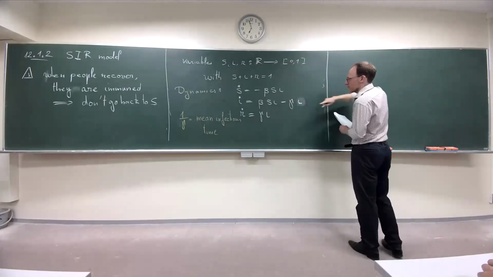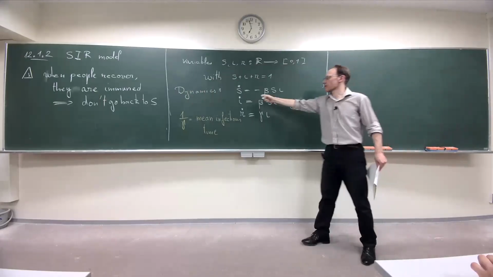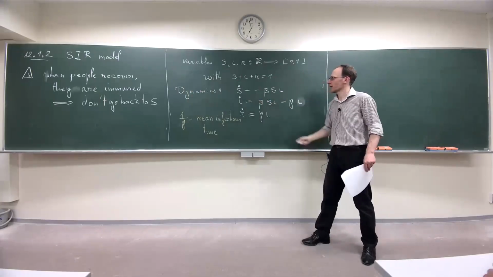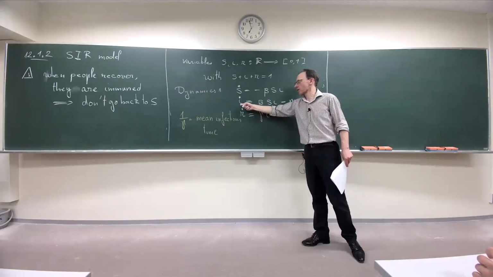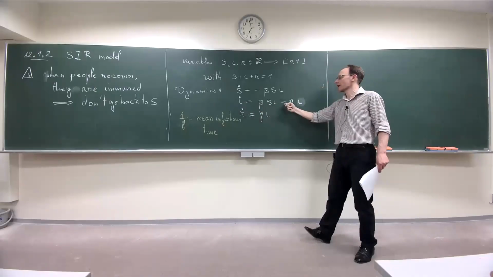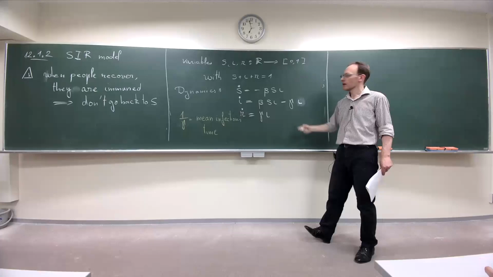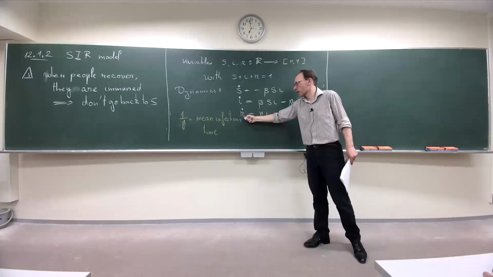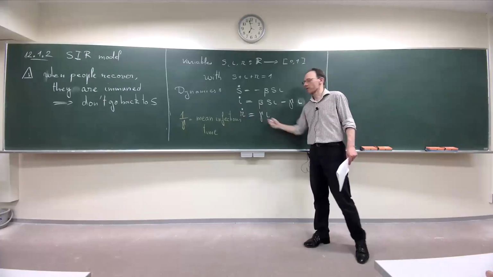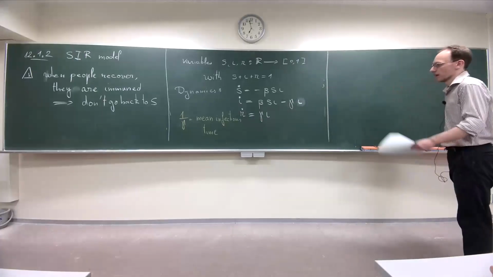For the same reason, the variation of susceptible is because they become infected. Then in the compartment of infected, you get new people, but people are also leaving, and that's why you have a minus. And in the recovered, people are just coming from the infected because they have recovered, so you have just this factor.